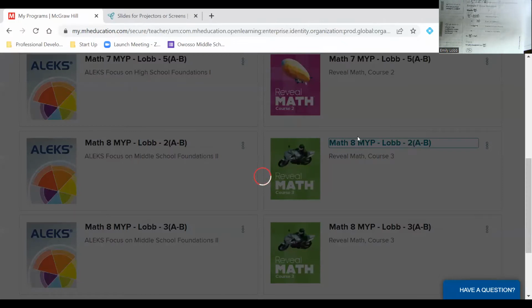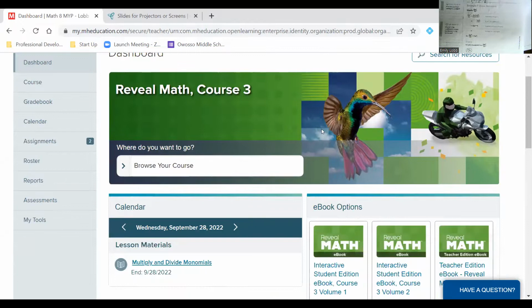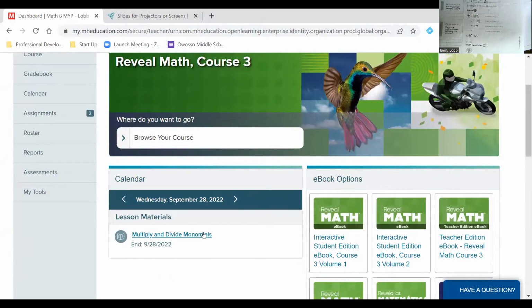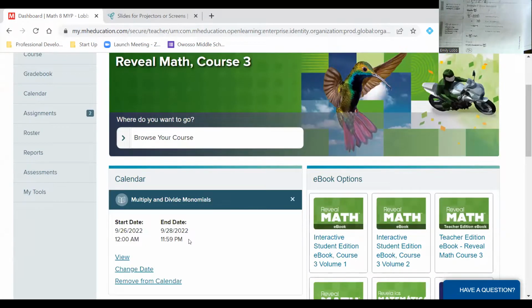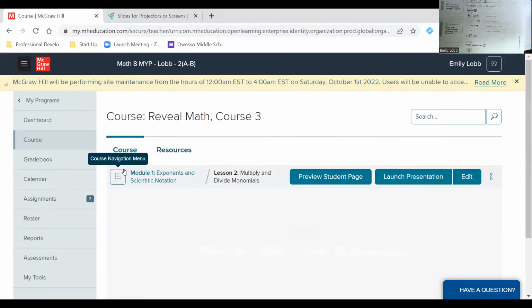So we started with the product of powers, right? We're doing laws of exponents. We started with the product of powers. Yesterday, we dove into the quotient of powers rule, and we're continuing with that in order to divide monomials.